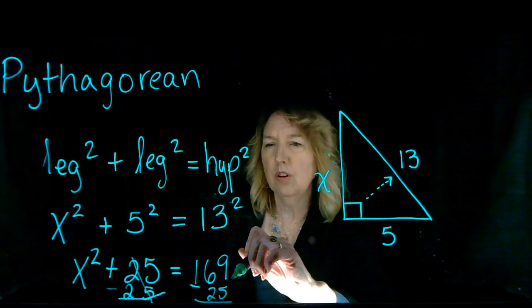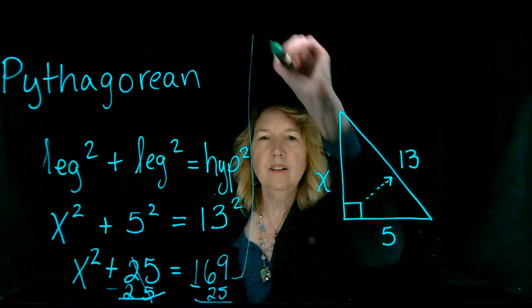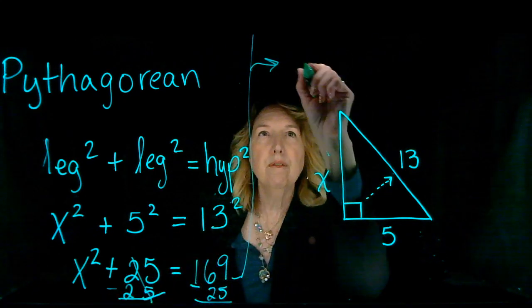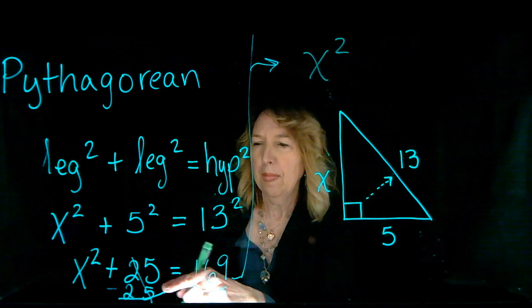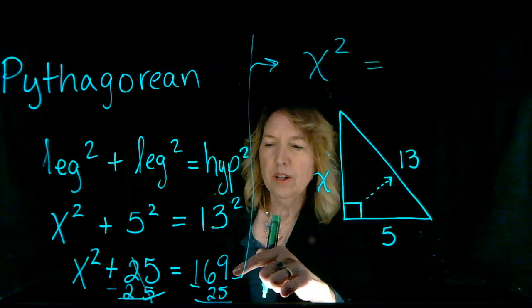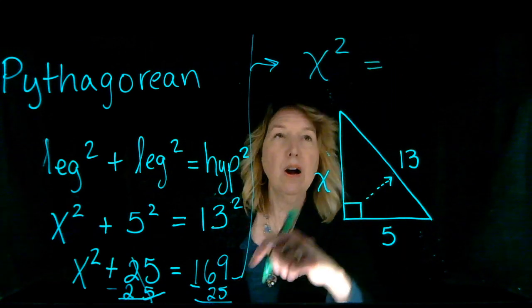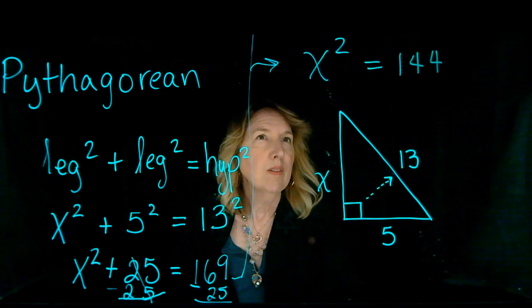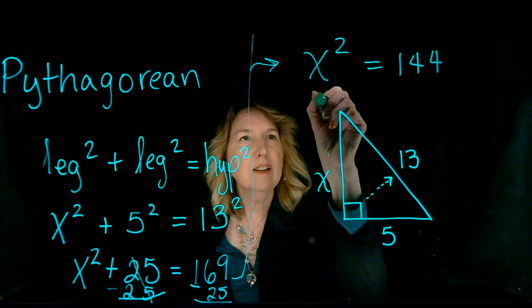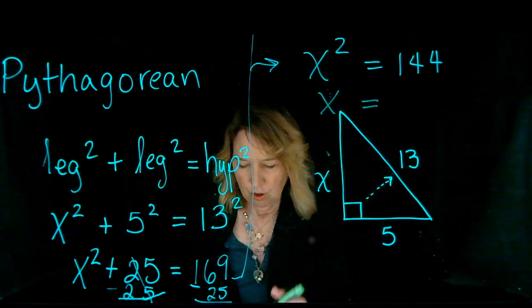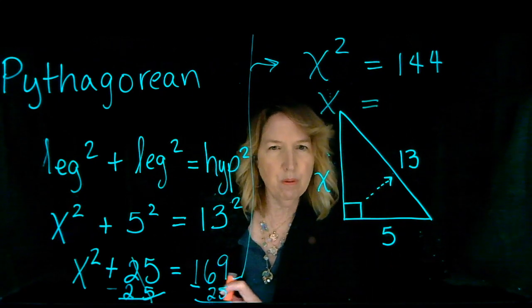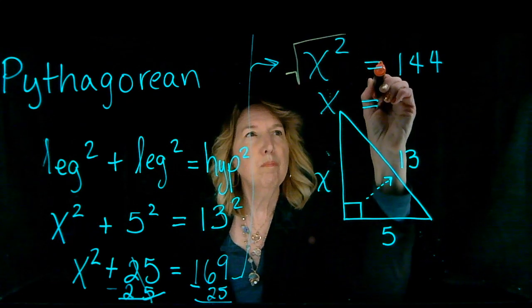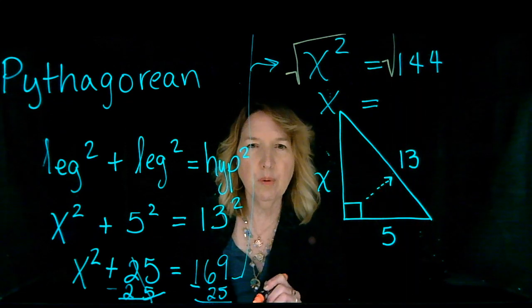Let me bring the results again up here. So I have x squared still equals 169 minus 25. Well, we're trying to get x by itself, so we're going to take the square root of both sides of the equation.